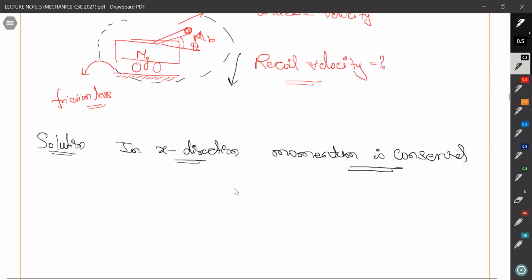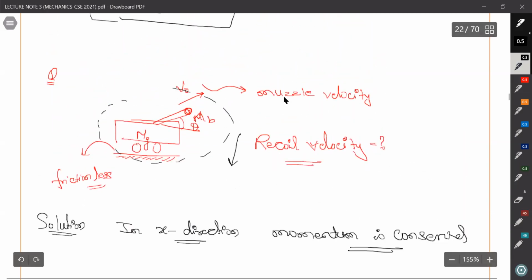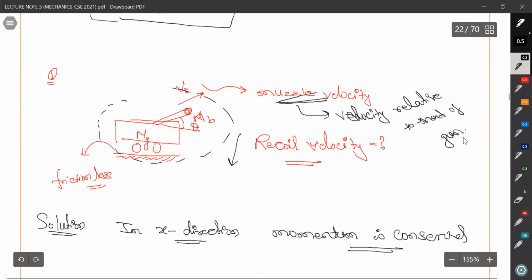So why have I given this question? First, understand the meaning of muzzle velocity. Muzzle velocity is the velocity relative to that of the gun.